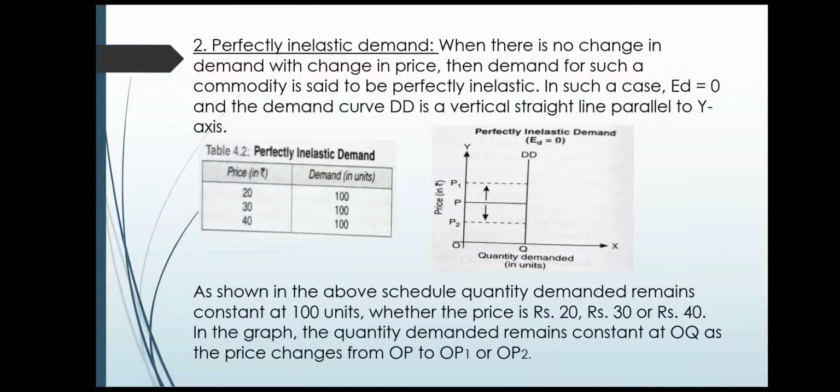As shown in the above schedule, quantity demanded remains constant at 100 units whether the price is rupees 20, rupees 30 or rupees 40. In the graph, the quantity demanded remains constant at OQ as the price changes from OP to OP1 or OP2.